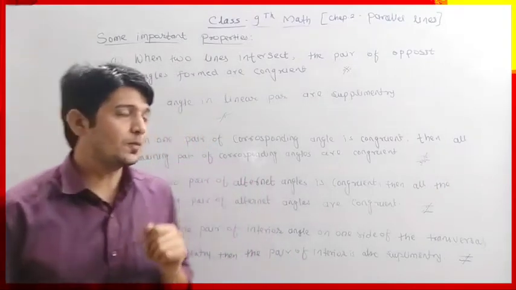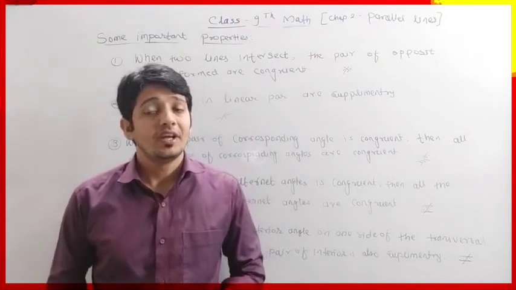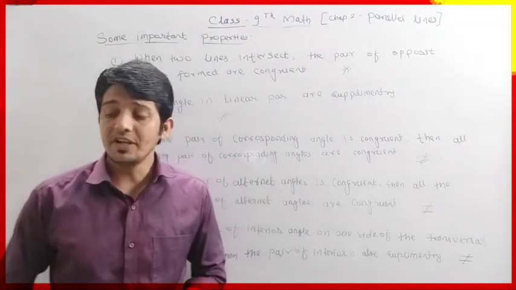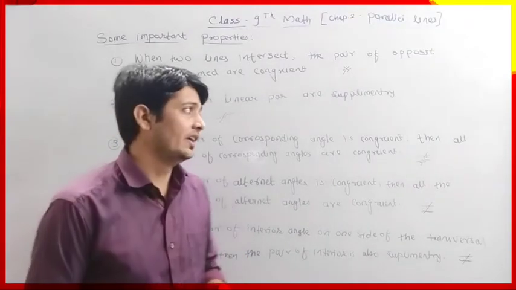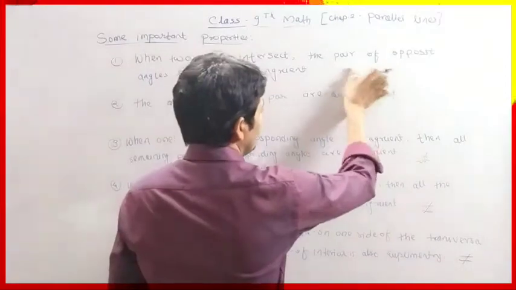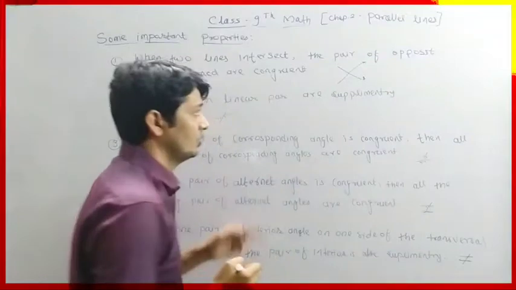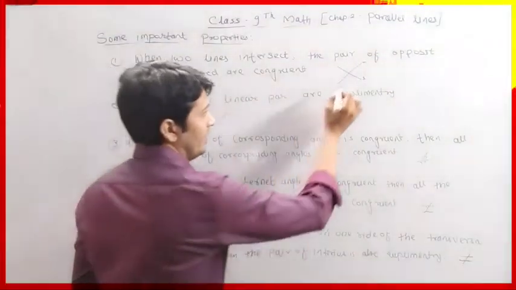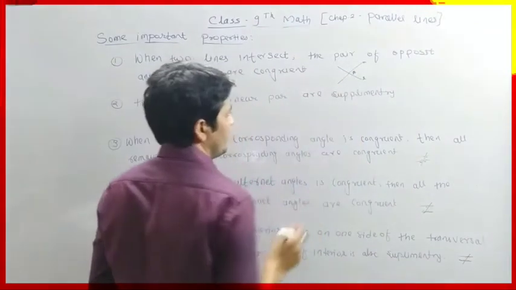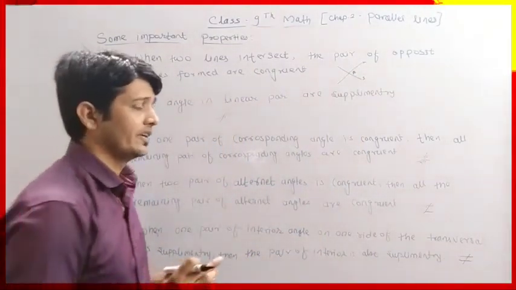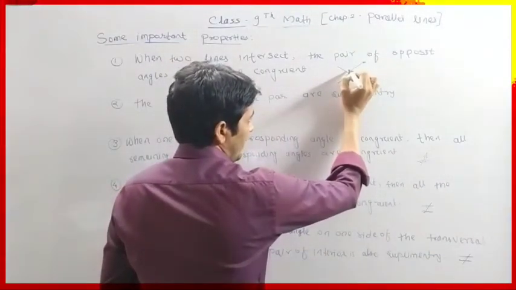So the first property says, when any two lines intersect each other, then the opposite angles so formed are congruent. Suppose this is the line L and this is the line M. They intersect at a point, M, or we can say X, or P. Any point we can take over there. Opposite angles means this one angle, this one and this one.